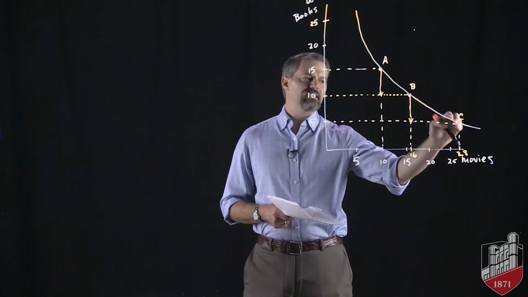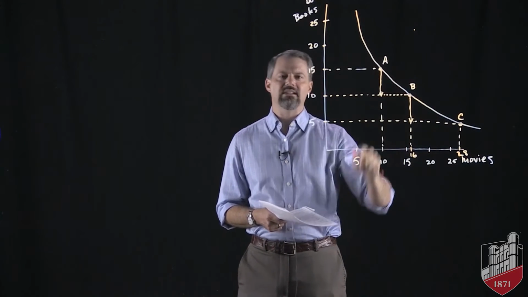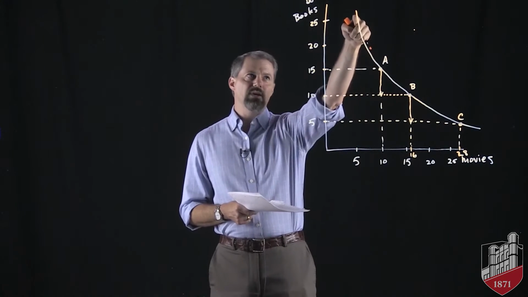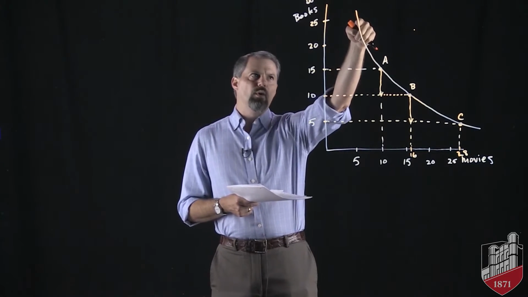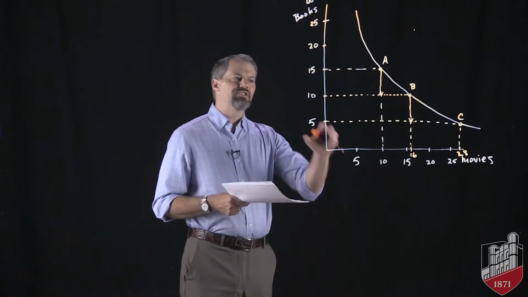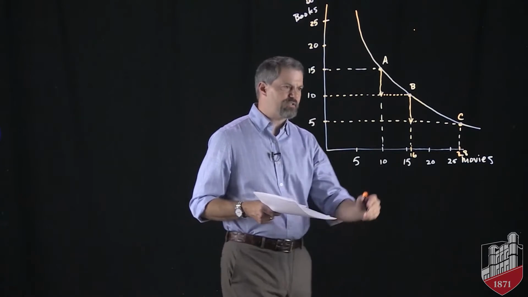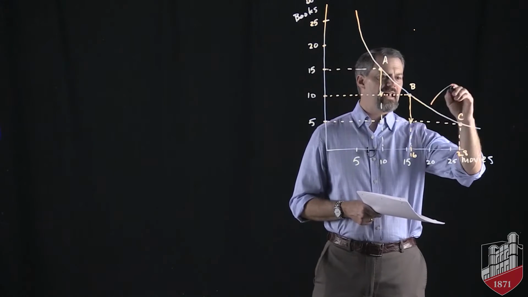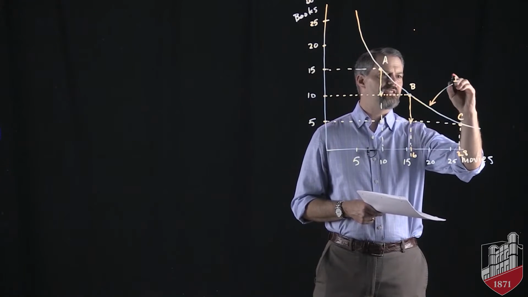The consumer doesn't care whether they're at point C or at point B or at point A or at some point up here that we could call point V. The consumer is indifferent between all of those points. We call that curve an indifference curve.